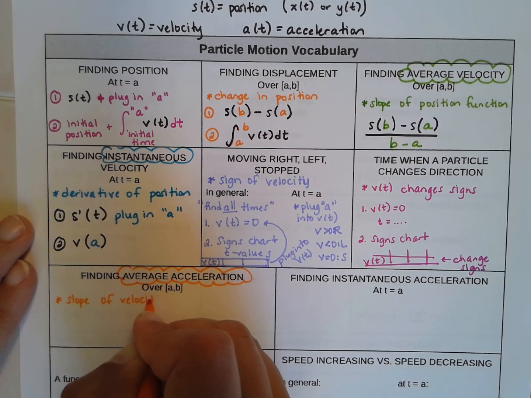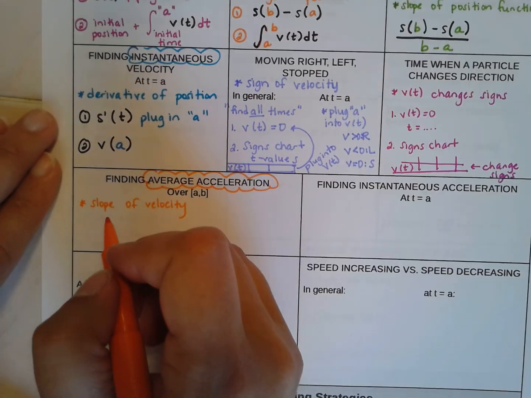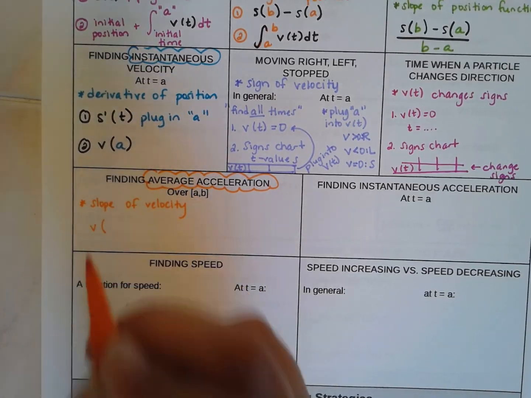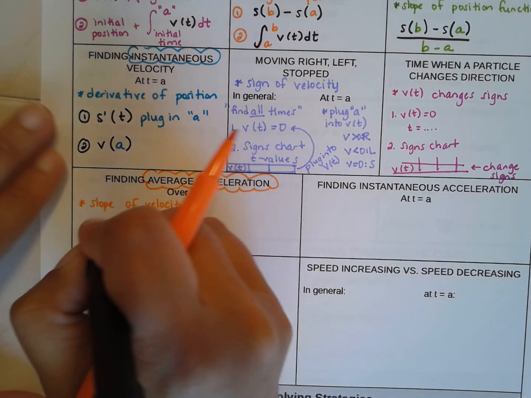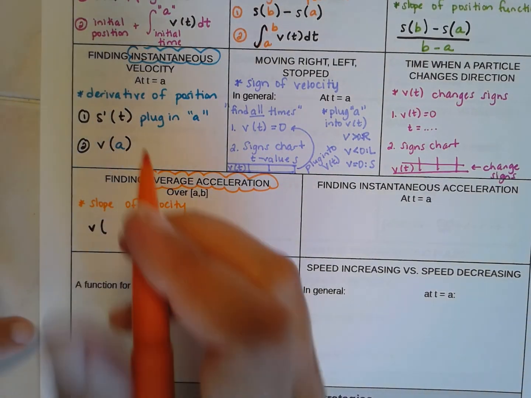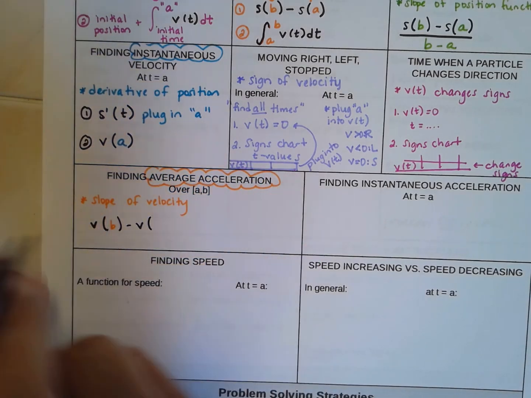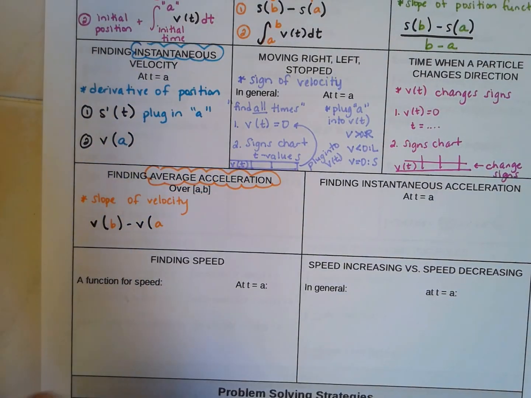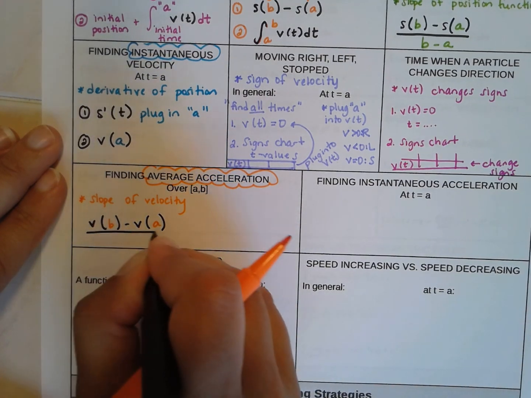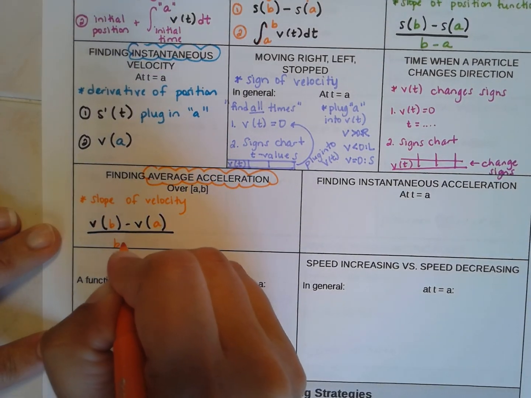And since it's the average slope, we would just take our velocity function and find regular old slope. So v of b minus v of a all over b minus a.